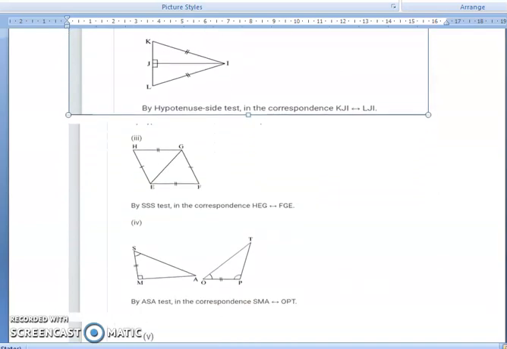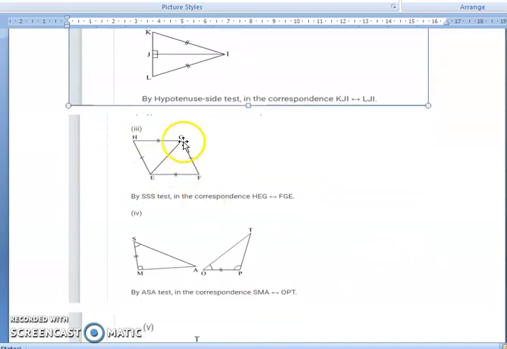Here it is given that the two triangles are GHE and GFE. Side HG is congruent to side EF, and side GF is congruent to side HE. By observation, GE is a common side, so GE is congruent to GE.